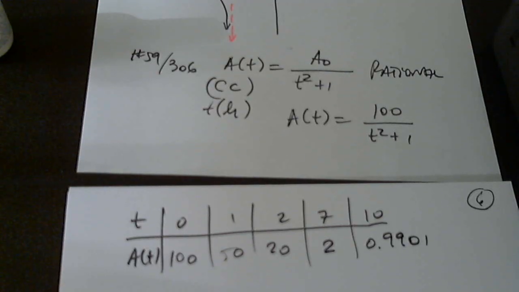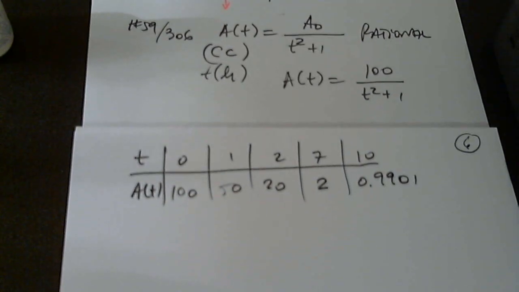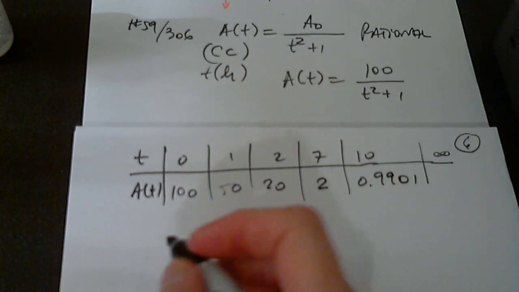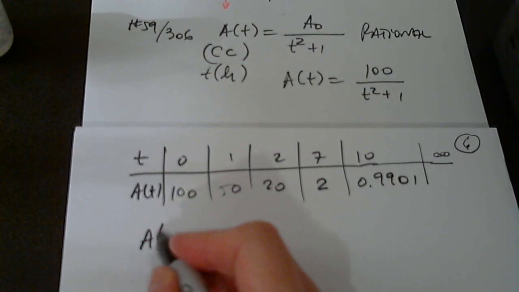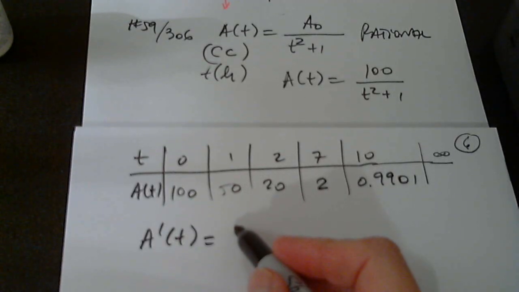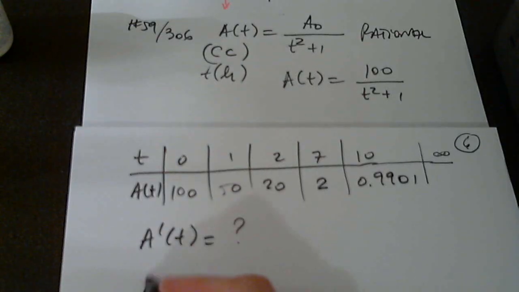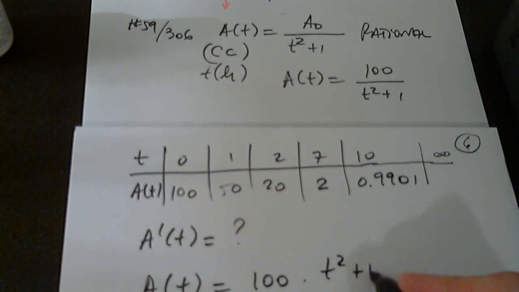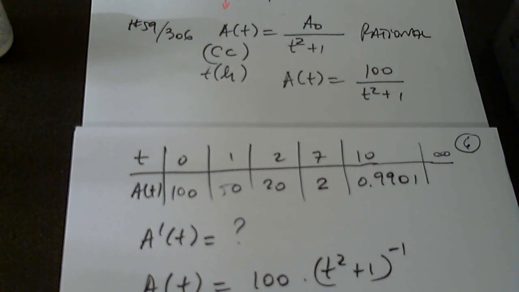Then find the maximum amount of medication in the bloodstream over the interval 0 to infinity. So when we look at a prime of t, I'm going to put a question mark first because I want to change it into 100 times t squared plus 1 to the negative 1.